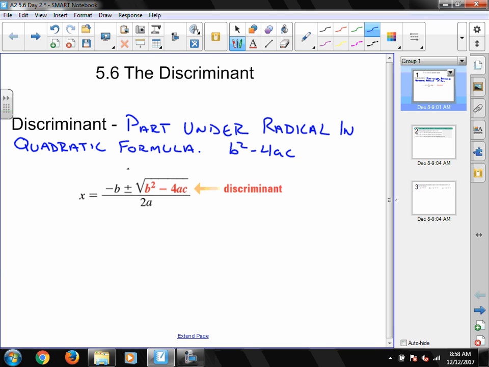The reason we look at the discriminant is because it can tell us how many solutions we're going to have and what type of solutions we're going to have before we even solve the problem.